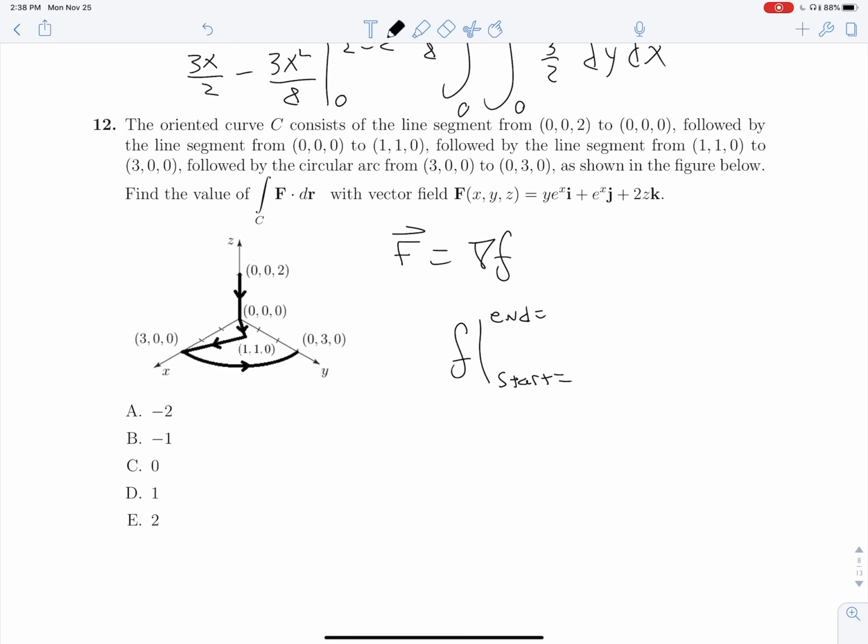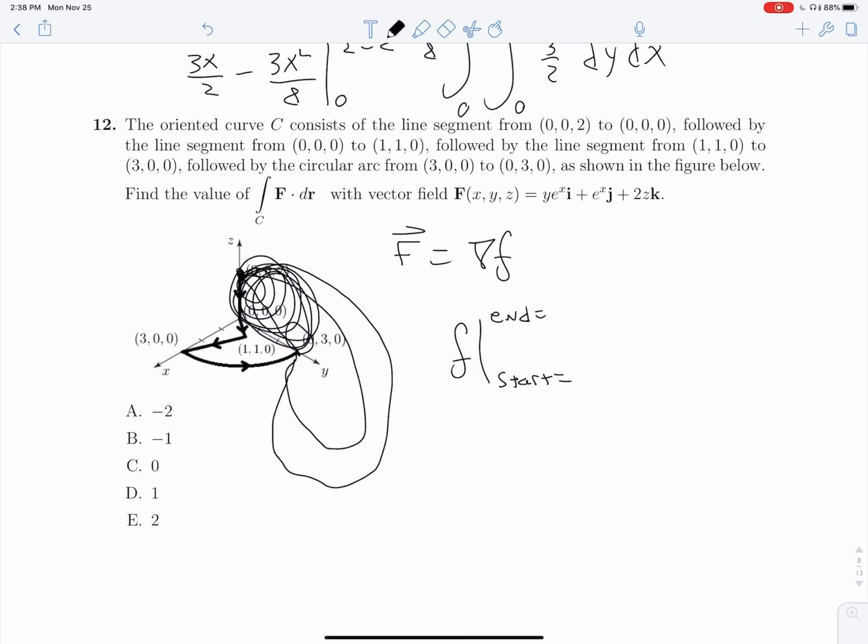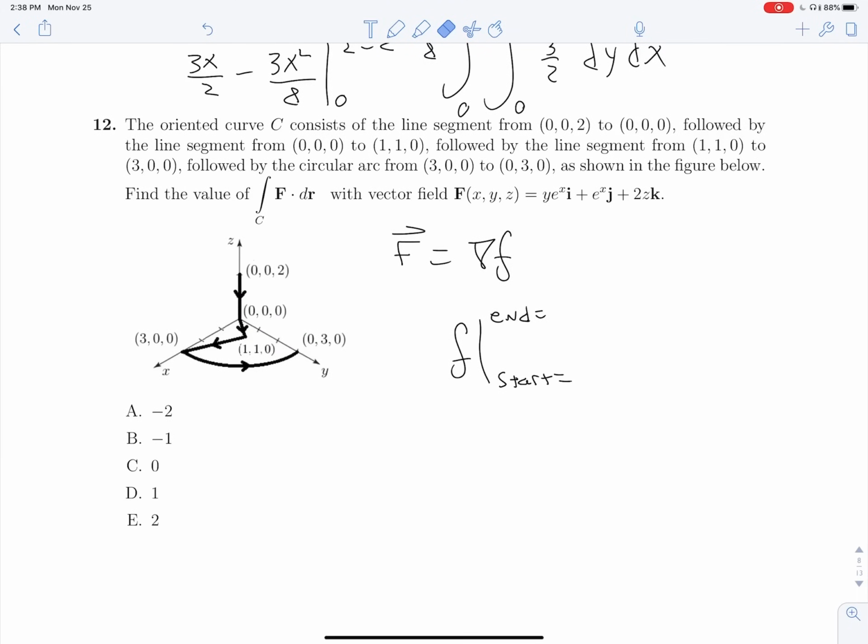That's because if we're in a conservative vector field, this path that we took down here is going to have the same work done on it by the field as any other path to go to this point here. So it's path independent. All it cares about is the points that you start and end at.